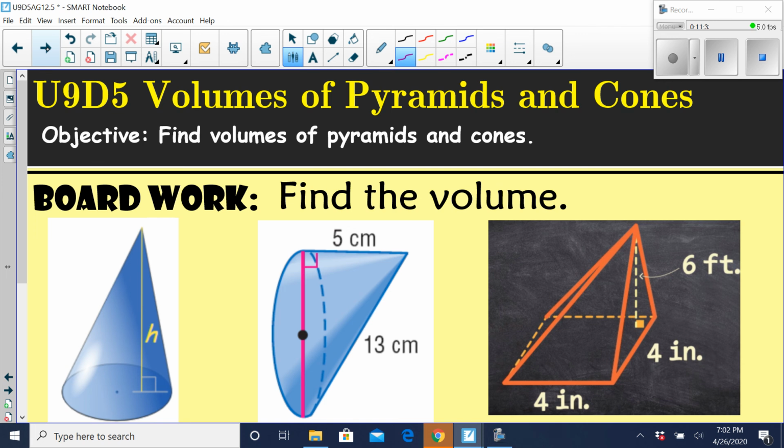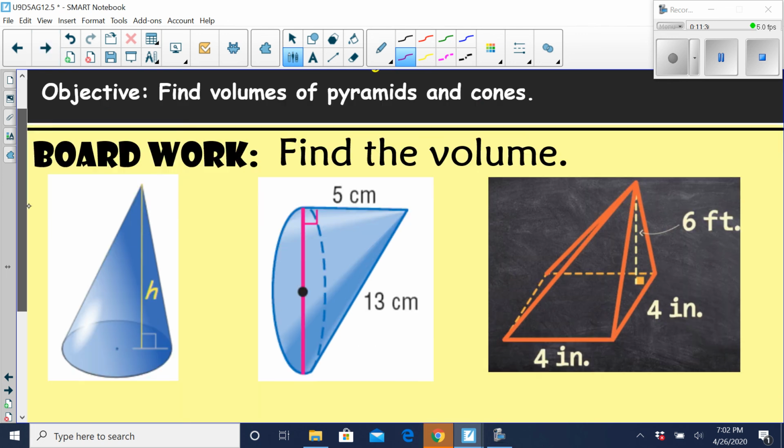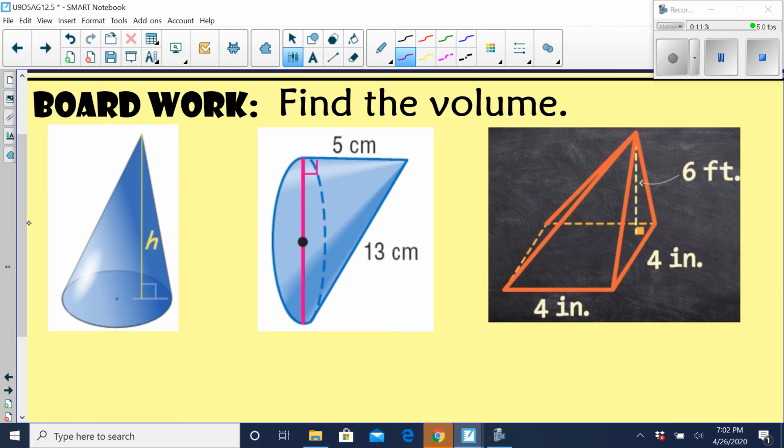Okay, now just like we talked about earlier, I wanted to show you a couple more examples of that oblique. Here would be an oblique cone, just meaning that the point is not directly over the center of the cone. So the height is actually represented just off to the side. I still calculate using that 1/3 pi r squared times h. It doesn't change the formula at all. It's just going to look a little bit different.